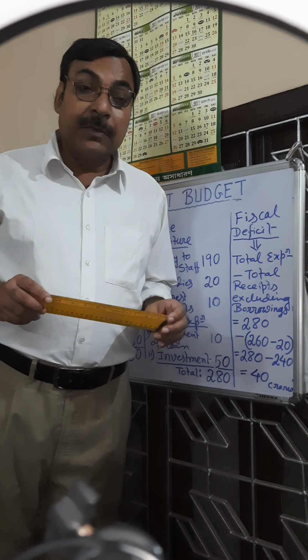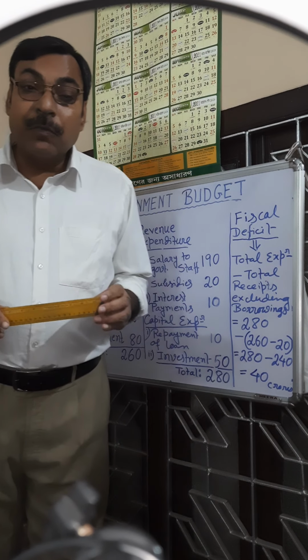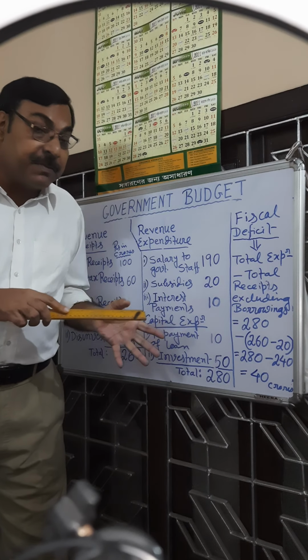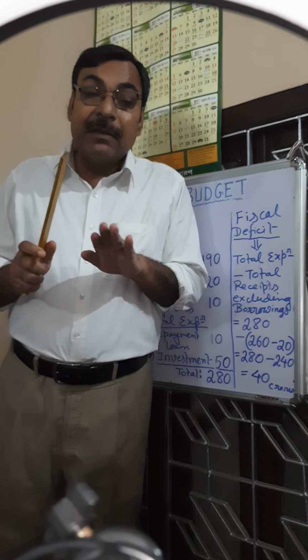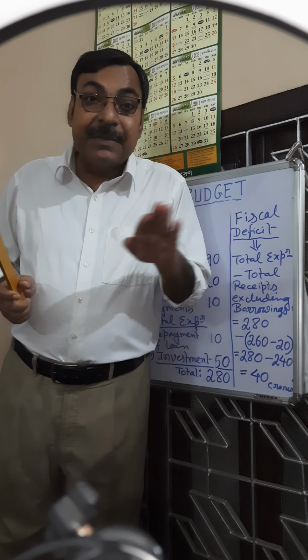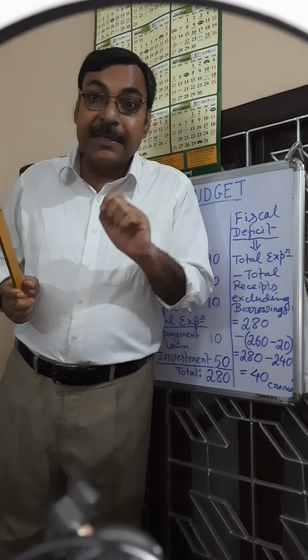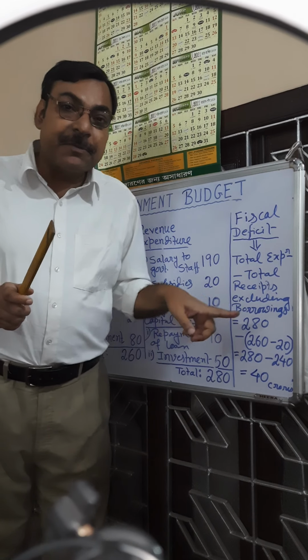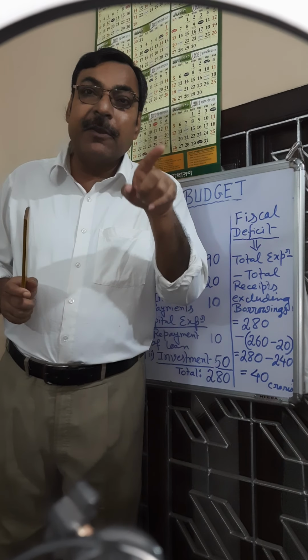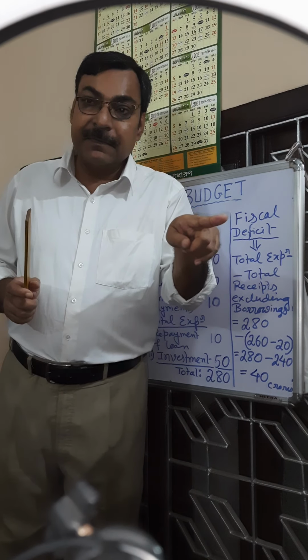Now, what is the implication of this fiscal deficit and how will the government cover up this deficit? This idea is very essential. Fiscal deficit indicates your dependence on borrowings.